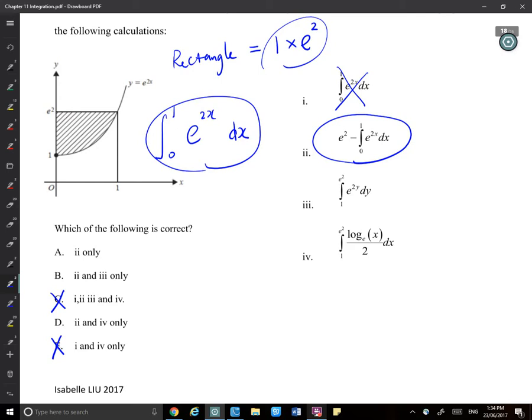Okay, that's the y-axis, that's the x-axis, and I have a graph. It looks like this. And I want this region. Okay, I want this region.